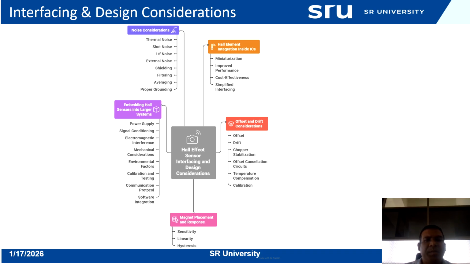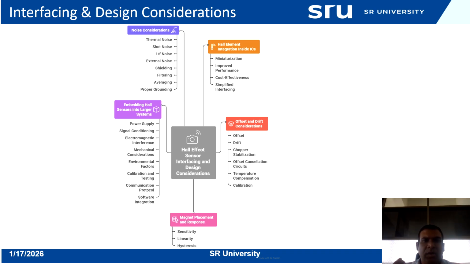The first one is miniaturization. What do you mean by miniaturization? IC fabrication allows for extremely small Hall elements and associated circuitry, leading to compact sensor packaging. It means all the items will be kept in a single small package with one single IC.